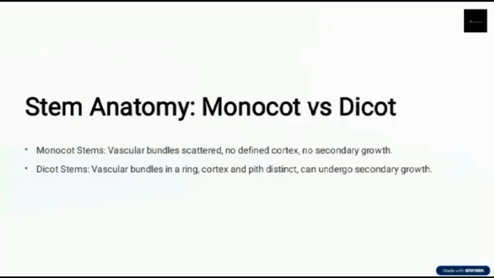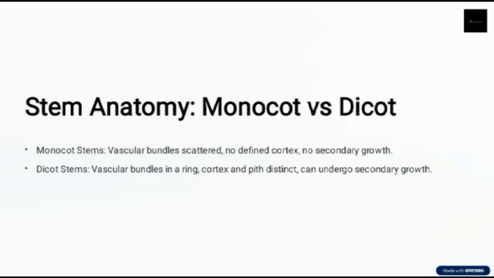If you take a transverse section across a maize plant, remember maize are monocotyledon, you are going to reveal a vascular bundle that is scattered. Remember, in monocotyledon roots, the vascular bundles are arranged in ring format.